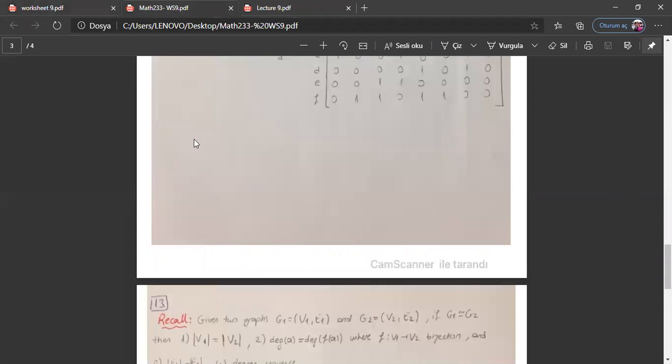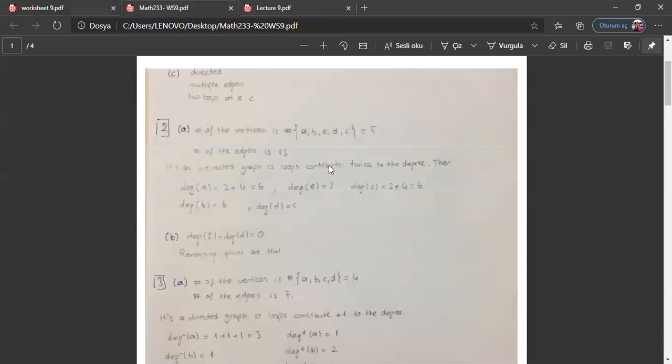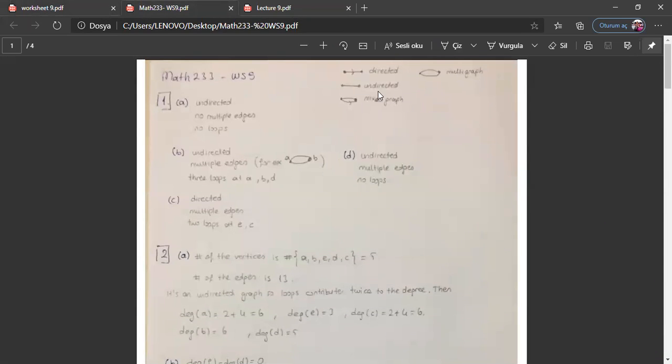Here are some small notations. The edges that look like this are called directed, and those that look like this are called undirected.